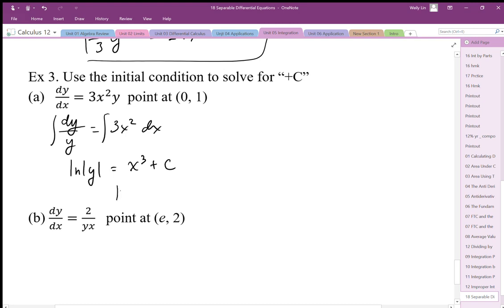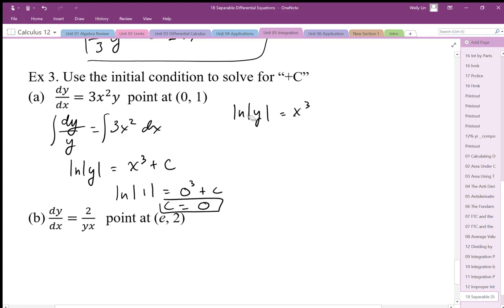So I'm going to plug in 1 for y, 0 for x, my plus c. In this case, this is all equal to 0, so I have a plus c of 0. So then I can rewrite this equation as log y equals x cubed plus 0.